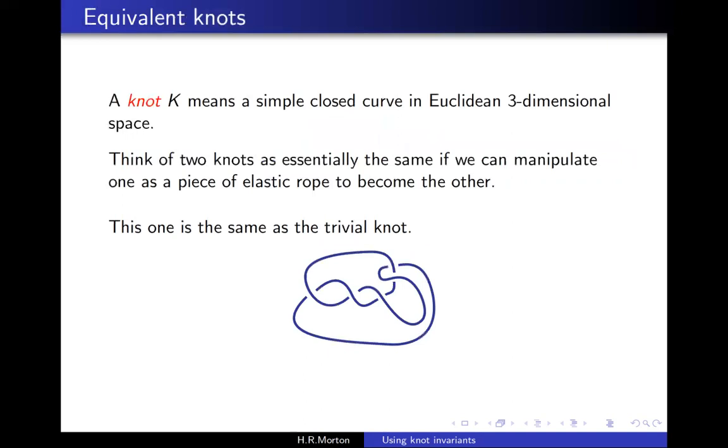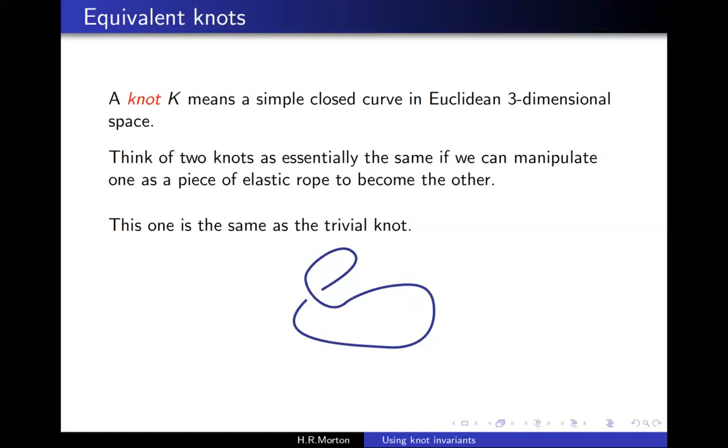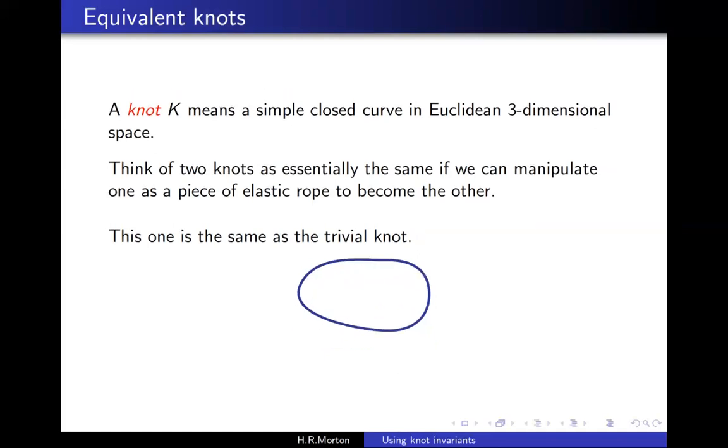What we think about is a simple closed curve in 3-space, where I'll talk about two knots as being essentially the same if you can manipulate one to the other as a piece of elastic rope. So this knot will sort of undo itself and turn into the trivial knot.